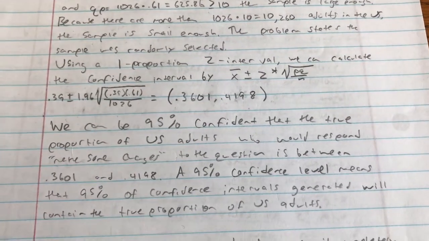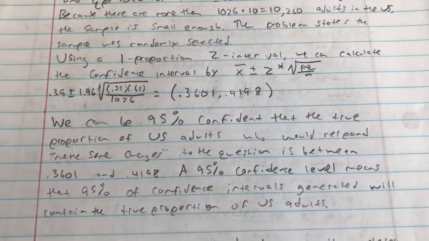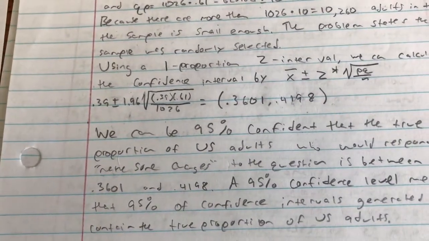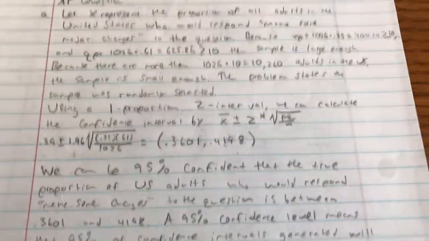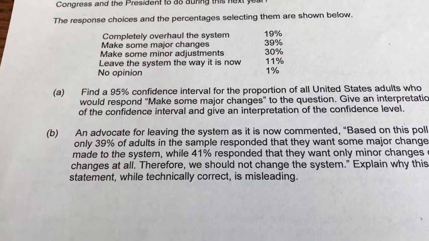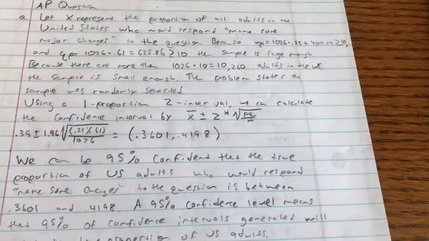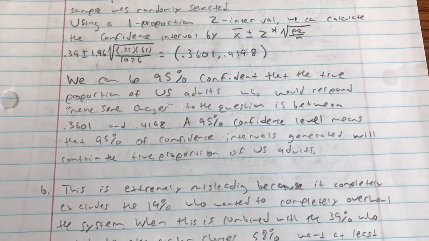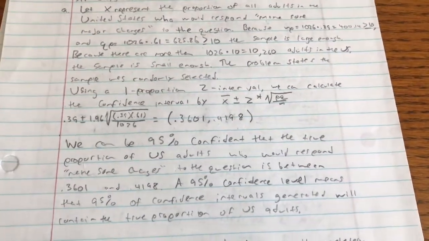Since it's a 95% confidence interval, our z value is 1.96 again, and when you add and subtract that to 0.39, which was the proportion given to us in the problem, we get this confidence interval, 0.3601 to 0.4198. So what does this mean?